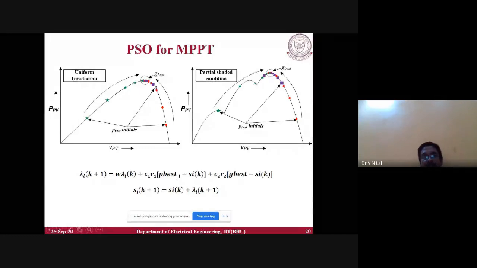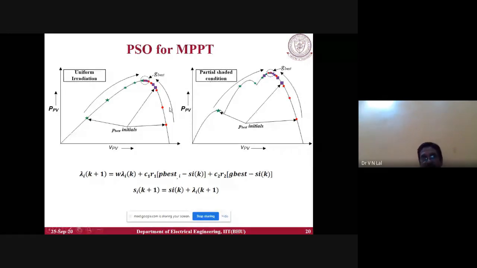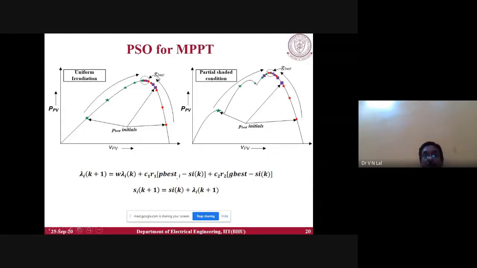And this will keep on repeating, and finally it will settle to a single solution, where the P best position for all the 3 particles will be the same, and the global best position will be almost equal to the P best of all 3 particles. I'm not saying that they will be completely equal.